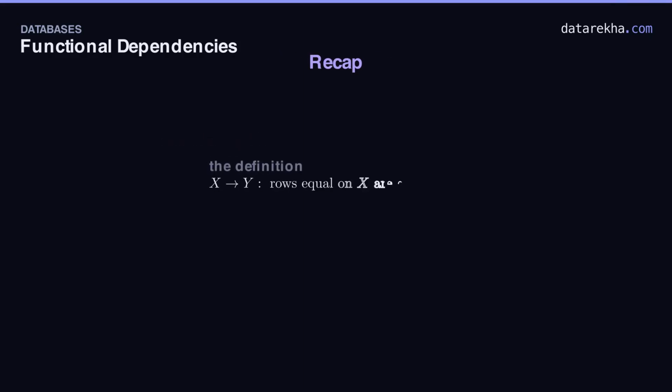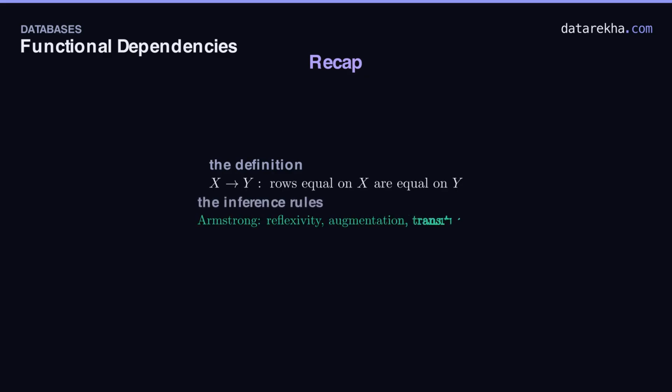Let's lock it in. A functional dependency X arrow Y is a promise. Rows that agree on X must agree on Y in every valid table. Armstrong's three axioms, reflexivity, augmentation, transitivity, derive every dependency that follows from the ones you were given. The attribute closure X plus gathers everything X determines.